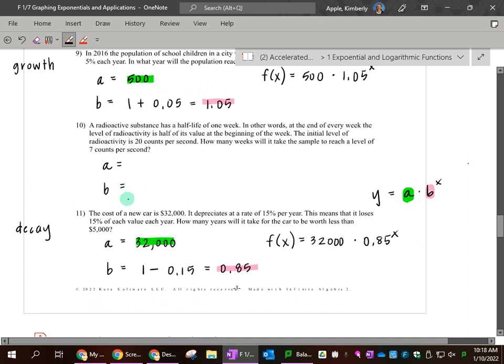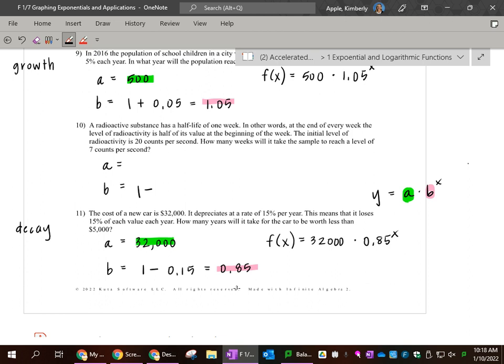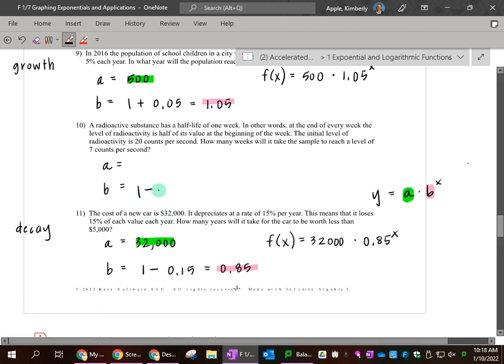Decay. So my b is going to be 1 minus the percentage. So if my rate of decay is by half, what is half as a percentage? 50%. So as a decimal, that would be 0.5. And so then my b value would be 1 minus 0.5, which is just 0.5.